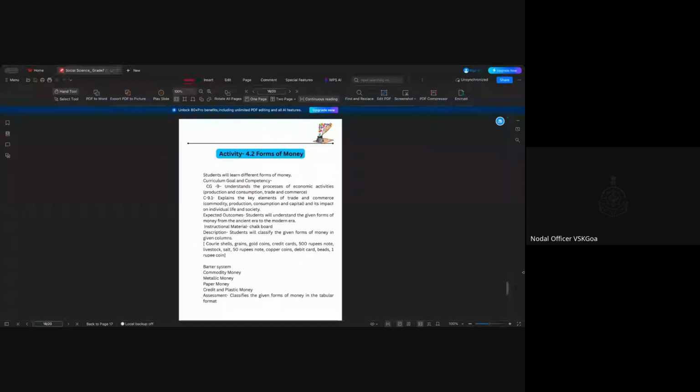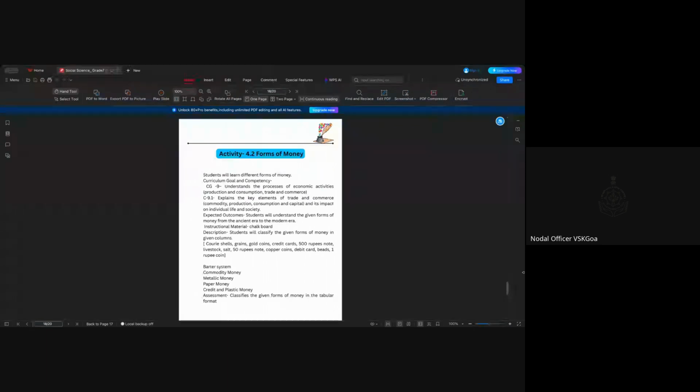So this is one form of activity which for week 4 is designed under forms of money. Or if any teacher has her or his own innovative idea, she is free to do that particular activity.